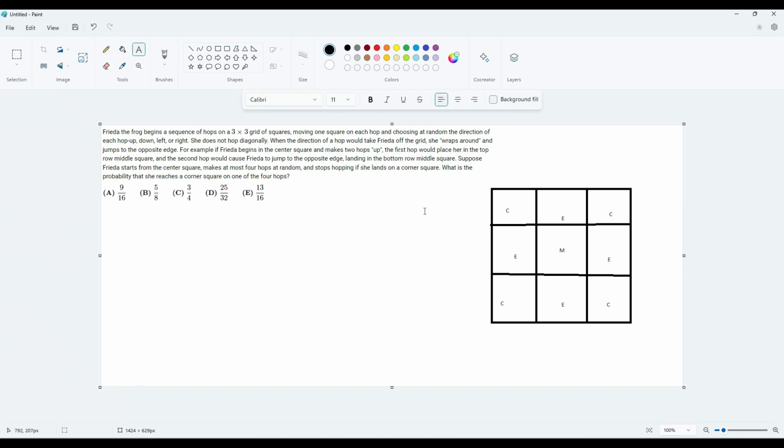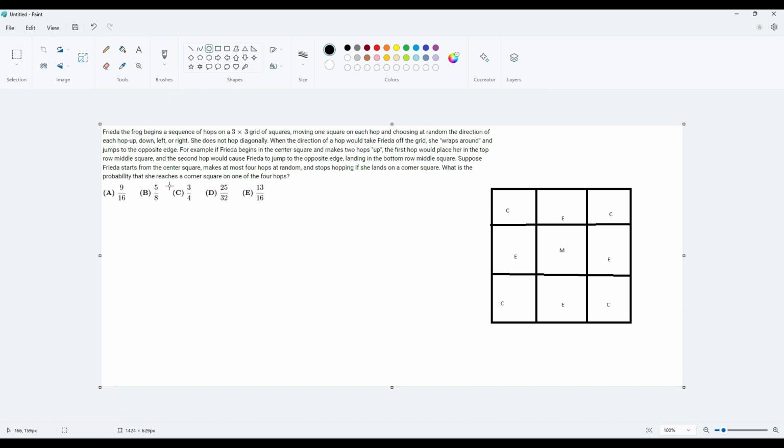The next step in this problem is to set up a state diagram. A state diagram is essentially a sequence of events, also known as states, as the name says. It's a series of individual positions she could be at at a given time. If that doesn't make a lot of sense right now, it will when we start drawing our diagram.